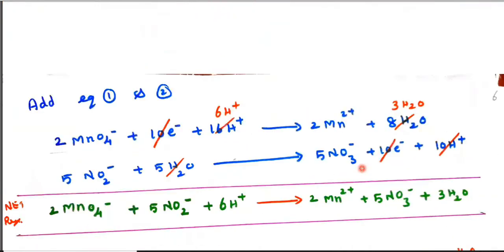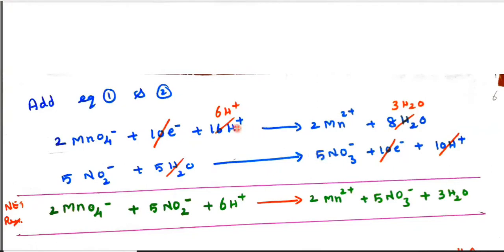Now add the first equation and the second equation. That is 2 MnO4 minus plus 10 electrons plus 16 H plus gives 2 Mn2 plus plus 8 H2O. Second equation: 5 NO2 minus plus 5 H2O gives 5 NO3 minus plus 10 electrons plus 10 H plus. Same species on the reactant side, we should add up. Same species on the product side, we should add up.